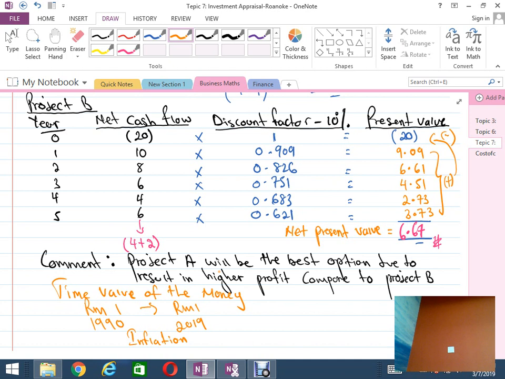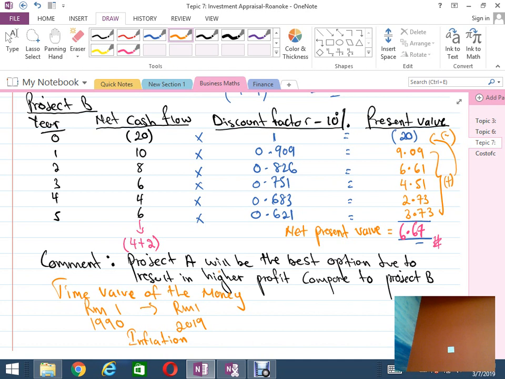So 17.47. What is this percentage for? Don't forget. If you use this percentage, your NPV will become what, guys? 0.